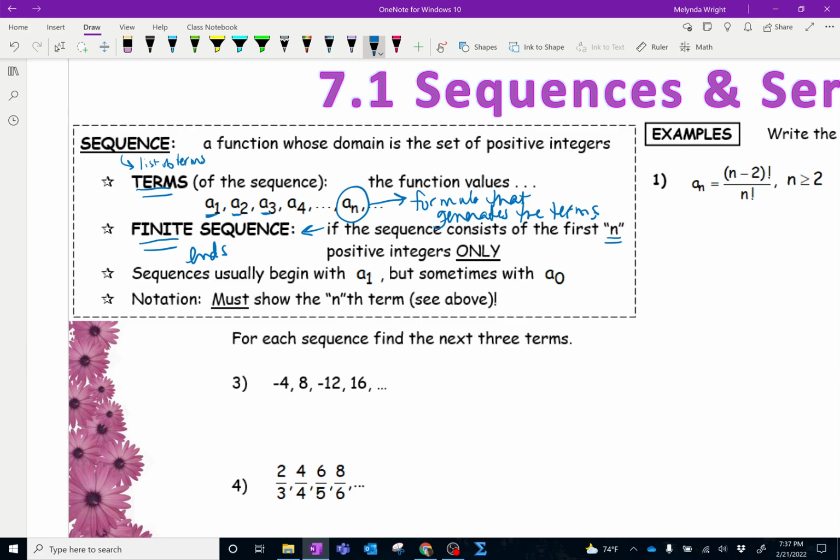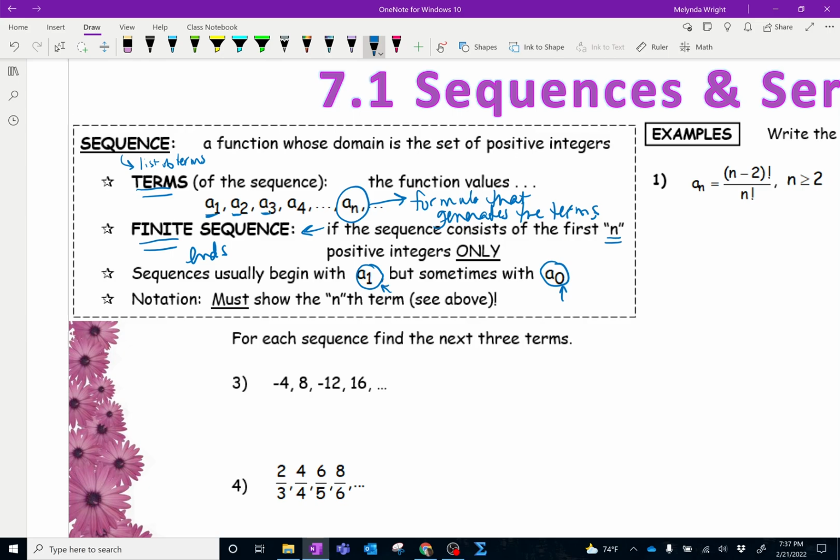Sequences usually begin with a sub 1, but sometimes they begin with a sub 0. Just so that you're aware, it's okay to begin with a different sub number.